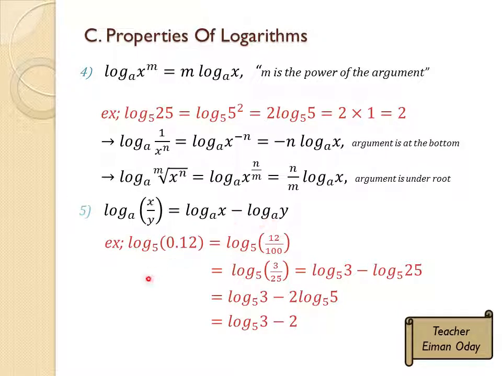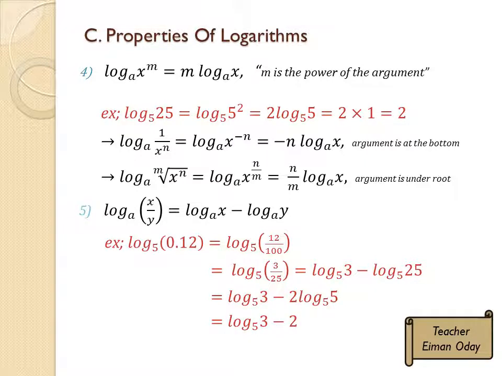For example, if I have logarithm 0.12 to the base 5, I can write 0.12 as a fraction, just like x over y. It is 12 over 100. And of course, we will simplify them, dividing by 4. So 12 divided by 4 is 3, and 100 divided by 4 is 25.